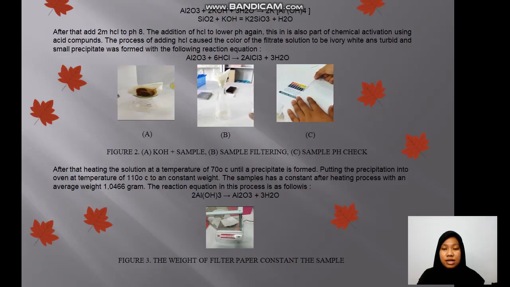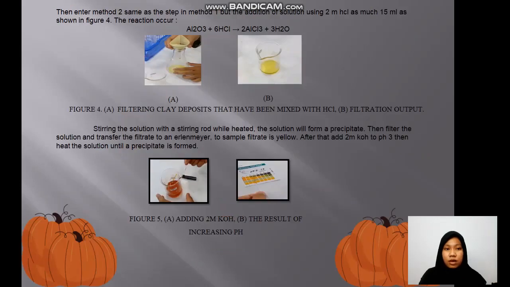The sample has a constant weight after the heating process, with an average weight of 1.0466 grams. Next, method 2 is the same as the steps in method 1, but the solution added uses 2 M HCl as much as 25 ml, as shown in figure 4.